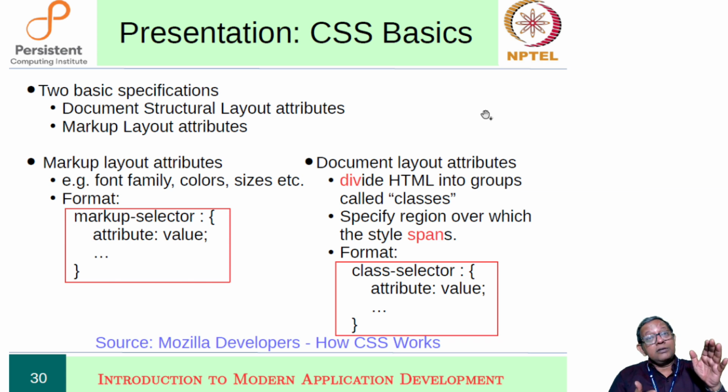Given a document, we would like to present regions of the document in separate ways. For example, we would want to treat all the HTML that is a part of the registration section, we would want to treat them separately. For example, we might want them to have a different background color.